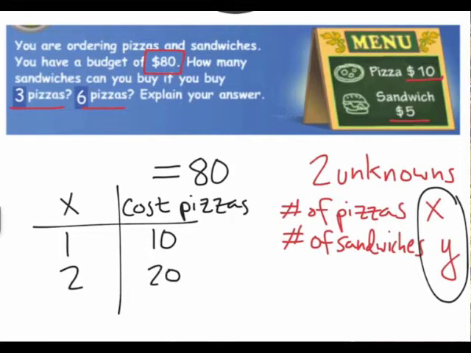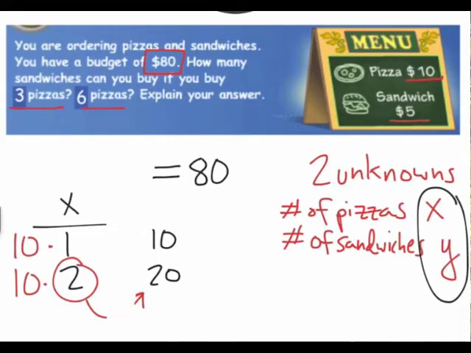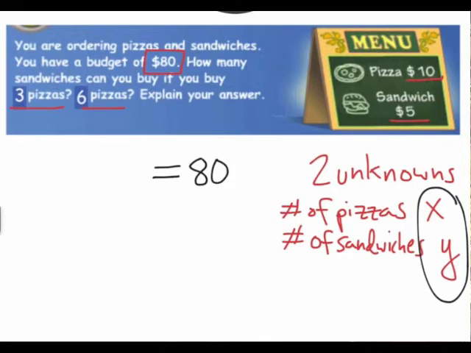Now the way to get from the number of pizzas to the cost of all those pizzas is to simply multiply by the cost of 1 pizza. That will always be true. So let's use that fact to begin writing our equation. So 10 is the cost of 1 pizza times the number of pizzas. This gives the total cost of all the pizzas.